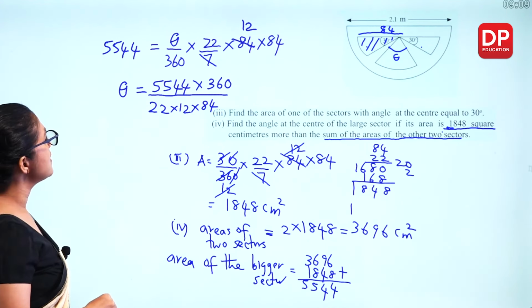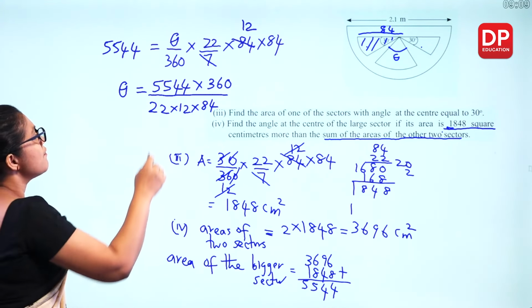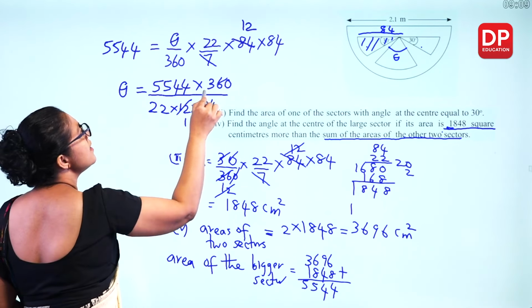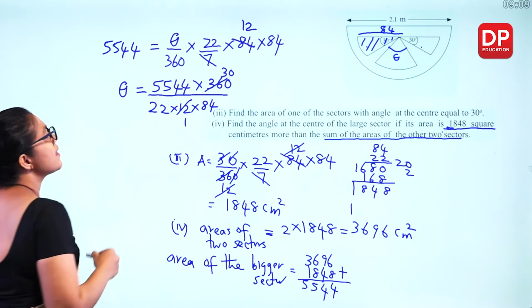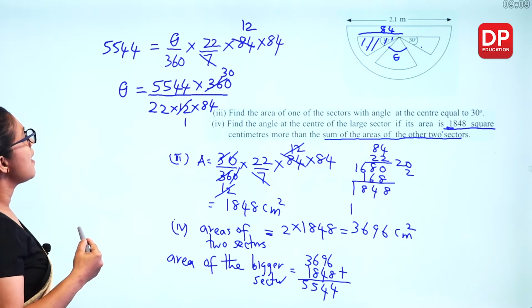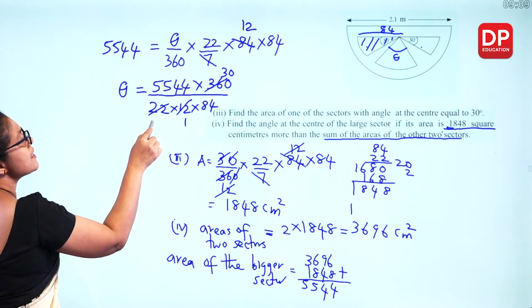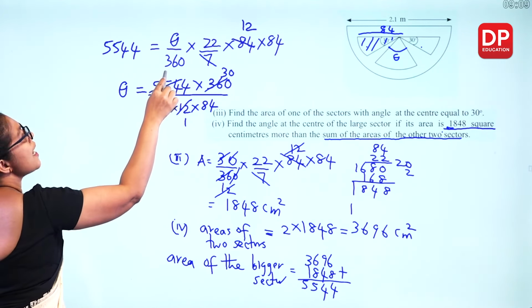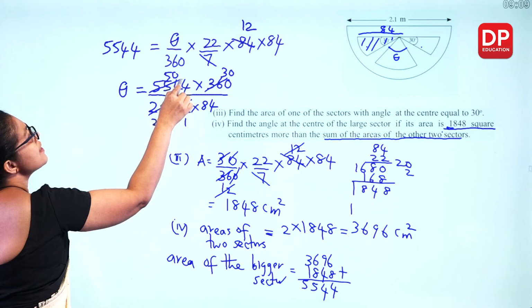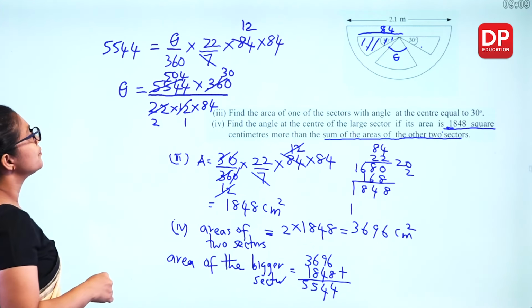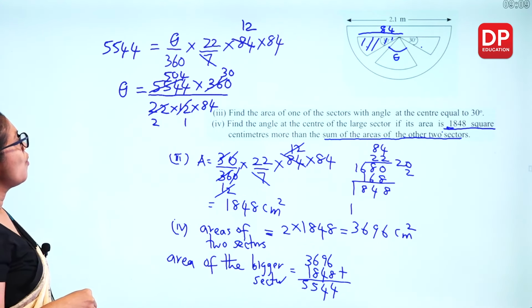So how can we simplify? First we'll divide by 12, 12 times 1, 12 times 3, so you get 30 here. Divide this by 11, 11 times 2, 11 times 5 and 11 times 4. So 504.